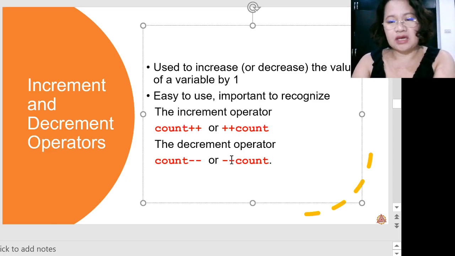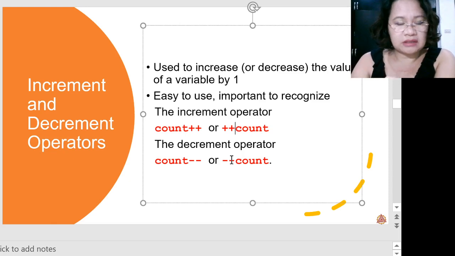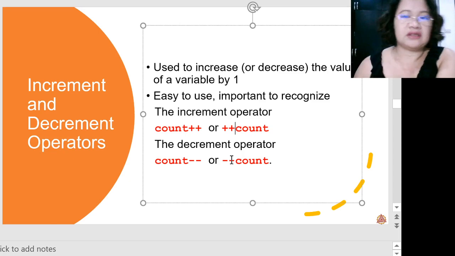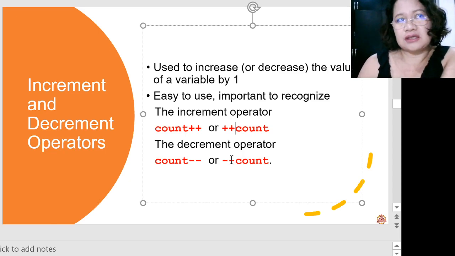They both either add or subtract one from the variable, but then in the expression itself, the value that you will be getting at the moment you are evaluating the expression will matter. The difference will be felt when you are evaluating the expression where it is contained, especially if it is combined with other expressions.